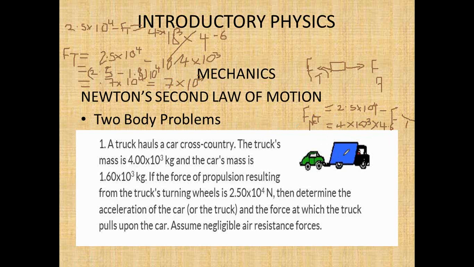Remember, the truck is moving at a certain speed and accelerating, and it's going to have the same acceleration as the little car. It's going to have the same speed because they're attached to each other. So you just solve for acceleration, which is going to be the same for both. If you solve for acceleration, you can work out anything else.